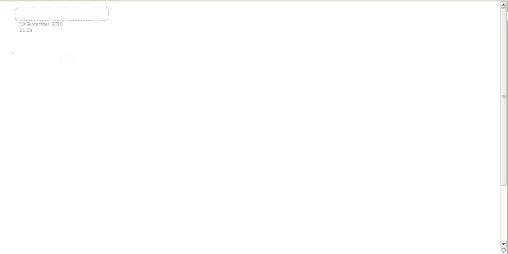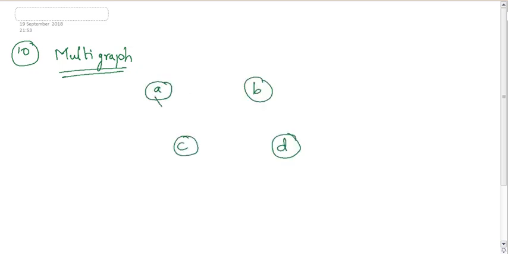Let us move on with the last terminology, multigraph. What is a multigraph? A multigraph is said to be a graph that contains multiple edges or loops. So if you see A to C, B to D, AB and CD and BC, there are multiple paths, something like this.